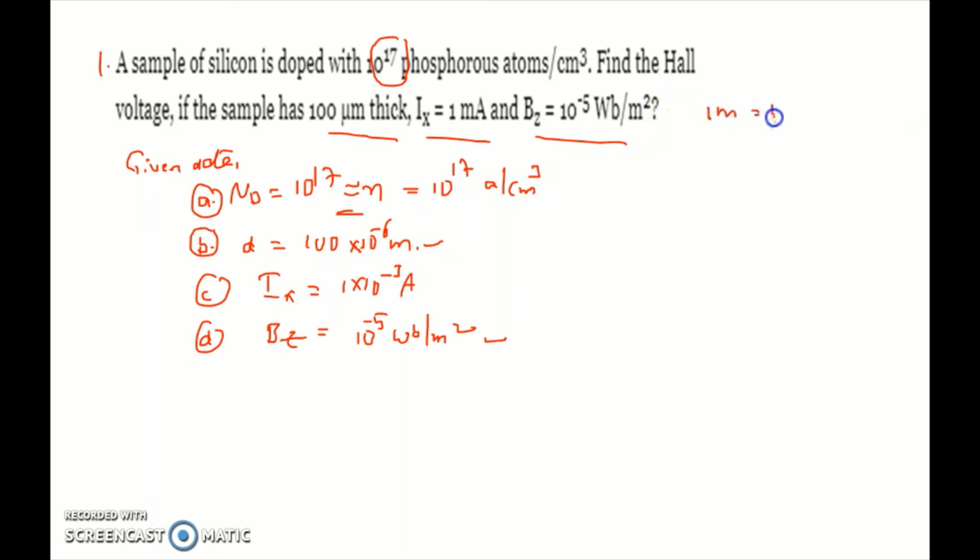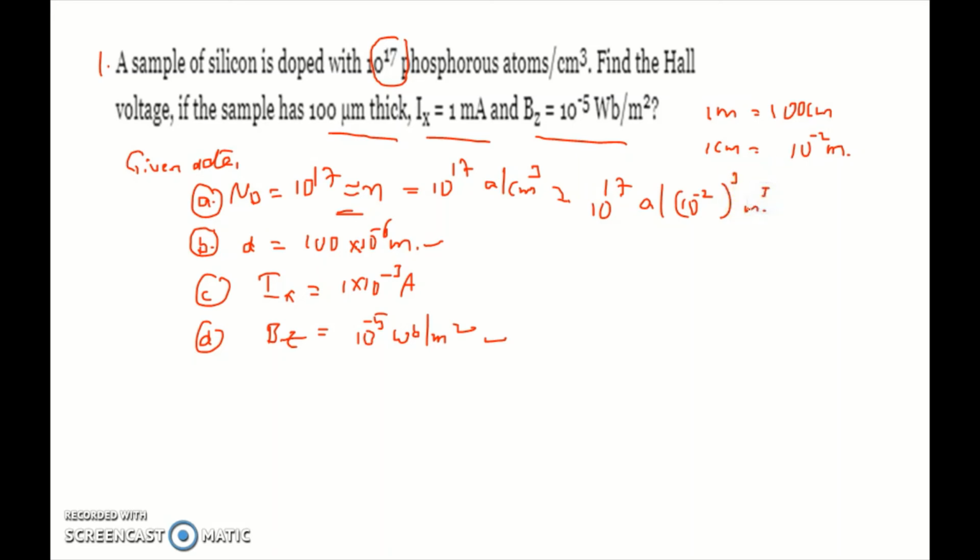We know that 1 meter is equal to 100 centimeters, and 1 centimeter is equal to 10 power minus 2 meters. So here, in the place of centimeter I have to write 10 power minus 2 meters.